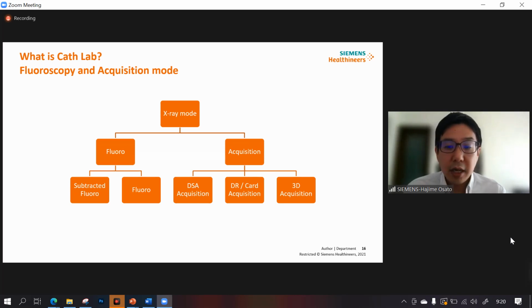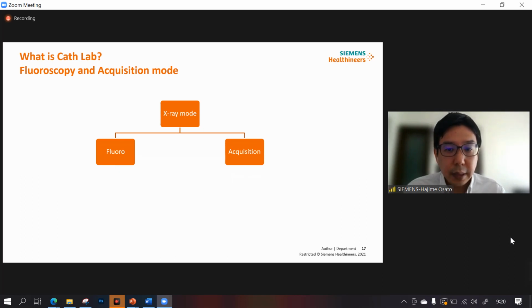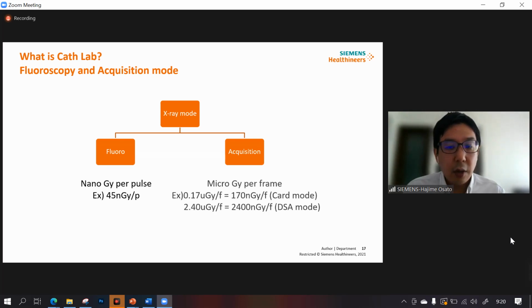So regarding clinical situations, from a dose setting perspective, the fluoro mode uses nanogray per pulse. On the other hand, acquisition mode uses microgray per frame.